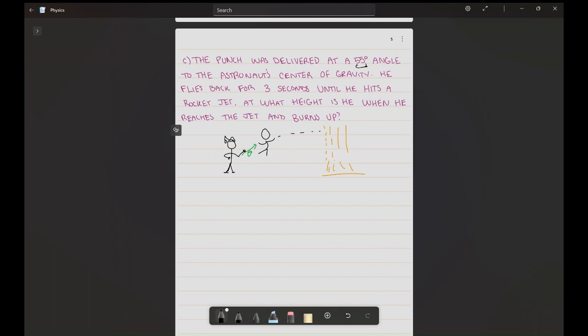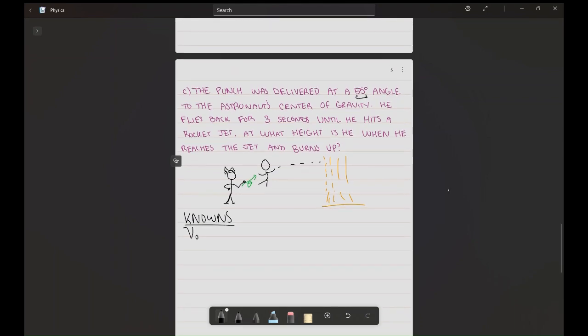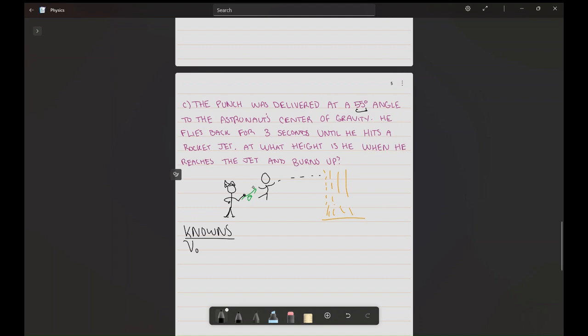Well, for this, we're going to write our knowns. To start out, the first known we had was our velocity. In this case, it's our initial velocity because it's right after the punch, it's the velocity that starts his journey, and then wherever he is here would have been his final velocity.